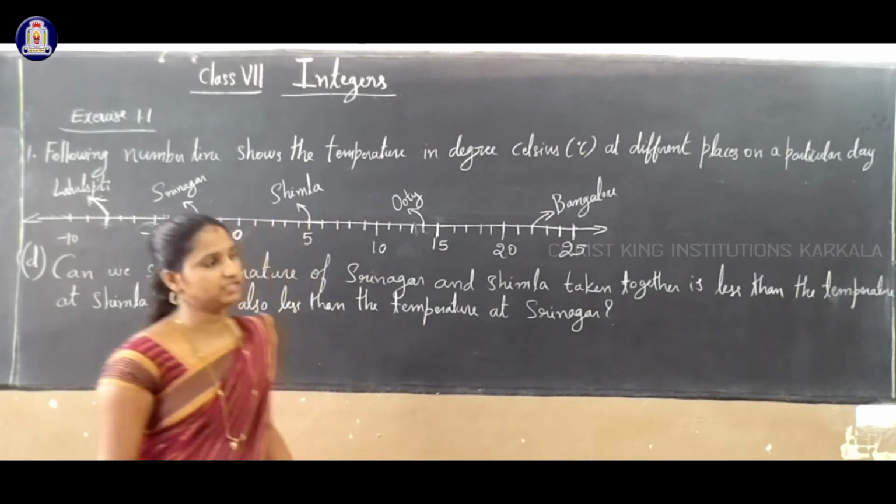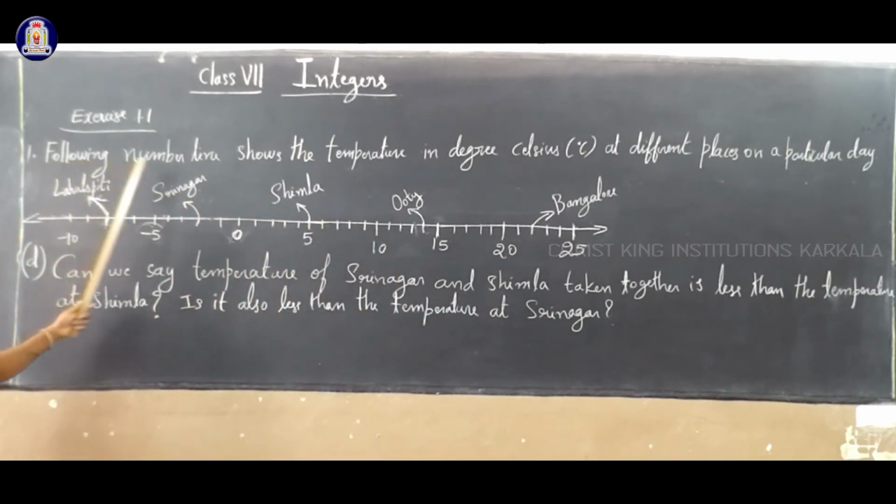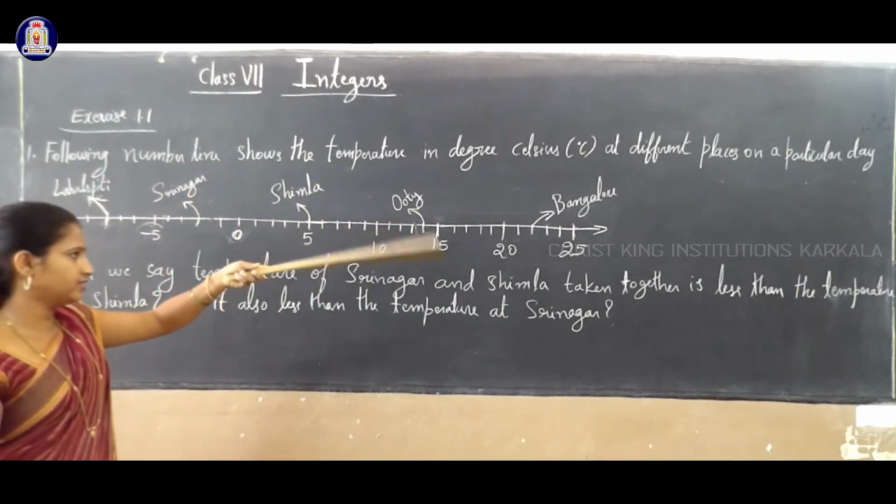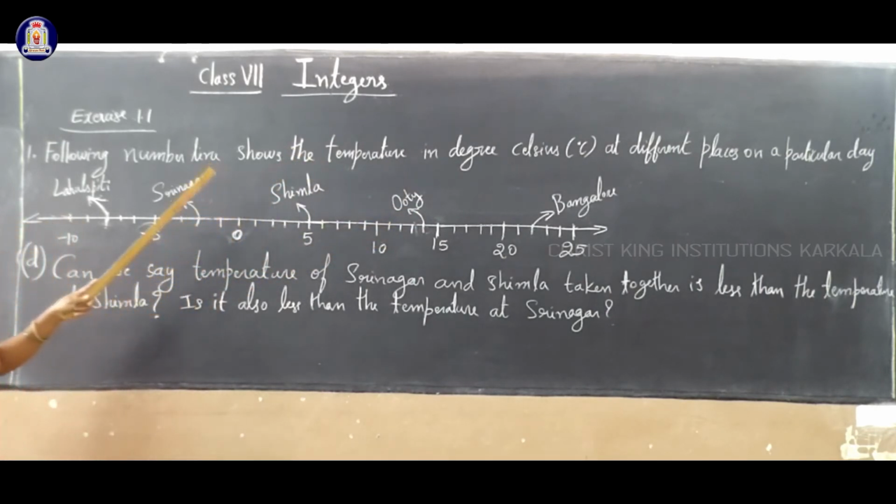Okay, next question. The following number line shows the temperature in degrees Celsius at different places on a particular day.